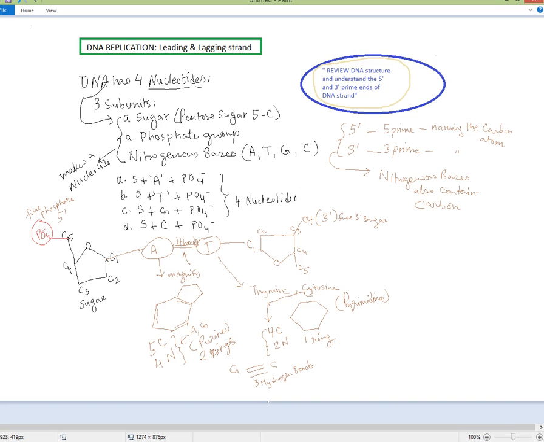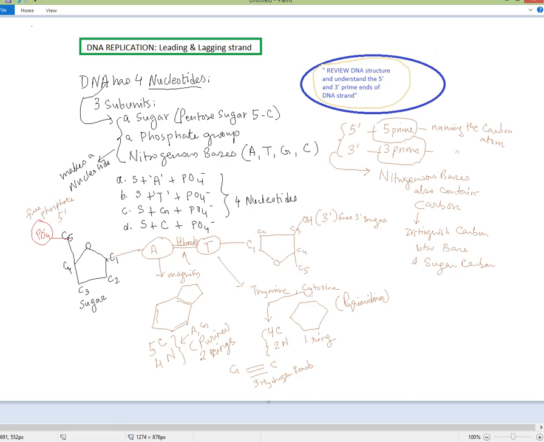So to distinguish between the carbon from the nitrogenous base, between base carbon and sugar carbon, we name it 5 prime and 3 prime.